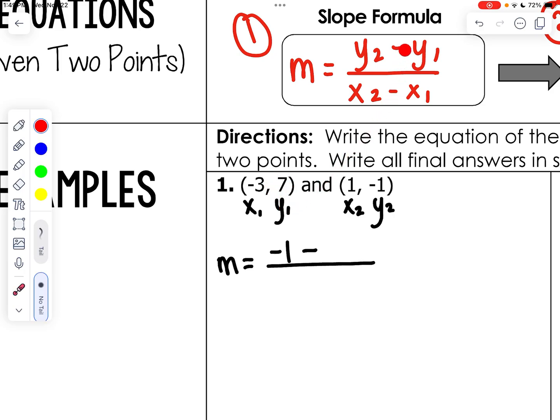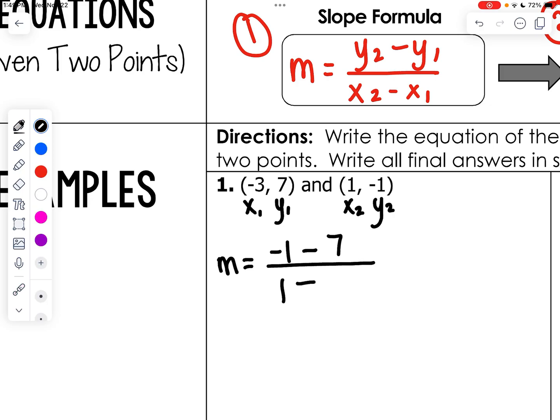The minus comes from the formula, and then you plug in your y1. And then x2 is on the bottom, so x2 is 1. Then minus is part of the formula. And then x1, and your x1 is -3.